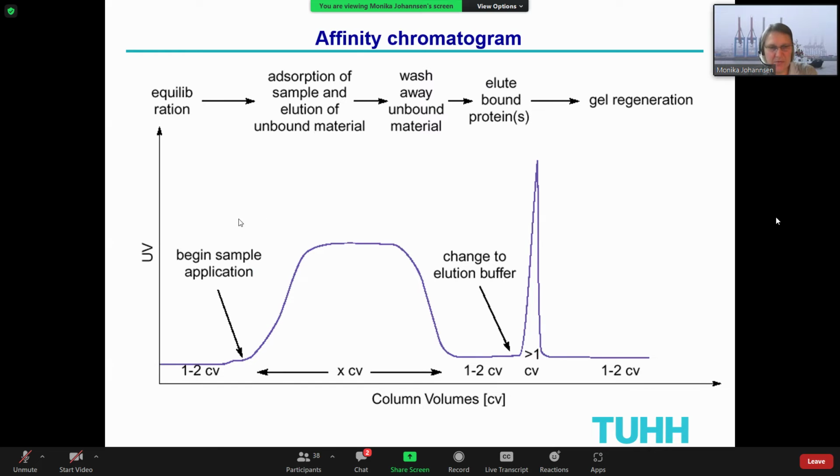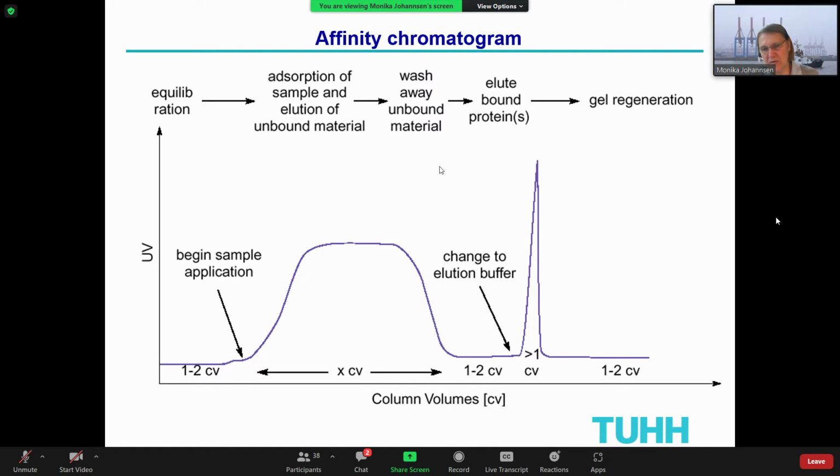The chromatogram then looks like that. We start with an equilibration before we inject our mixture. Then everything which is not interacting with the stationary phase is eluted first.